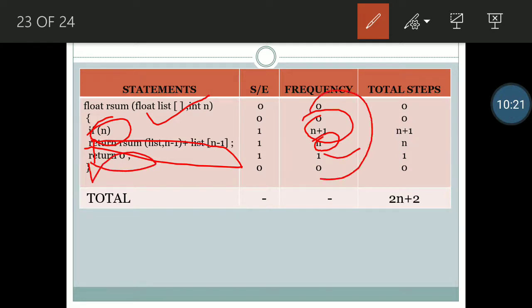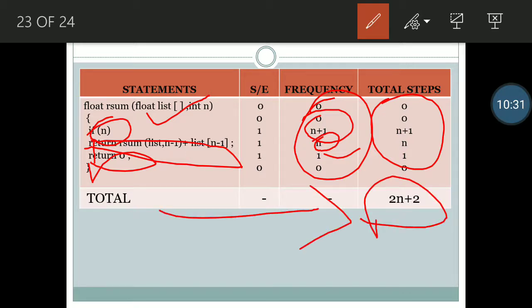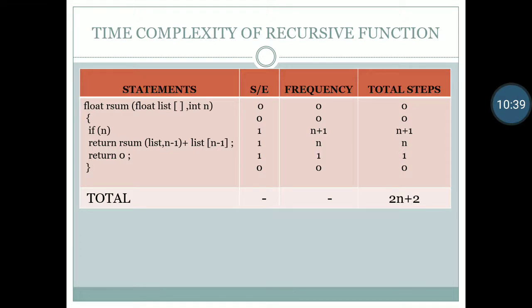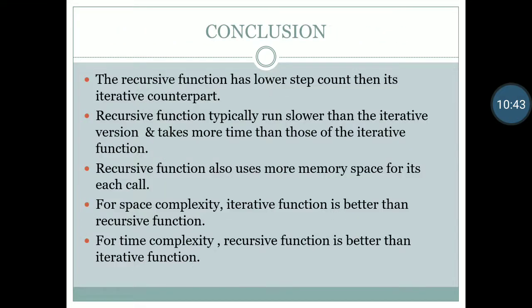The total of all these, n plus 1, n and 1, makes a total of 2n plus 2. So this is the calculation for the time complexity of a recursive function.